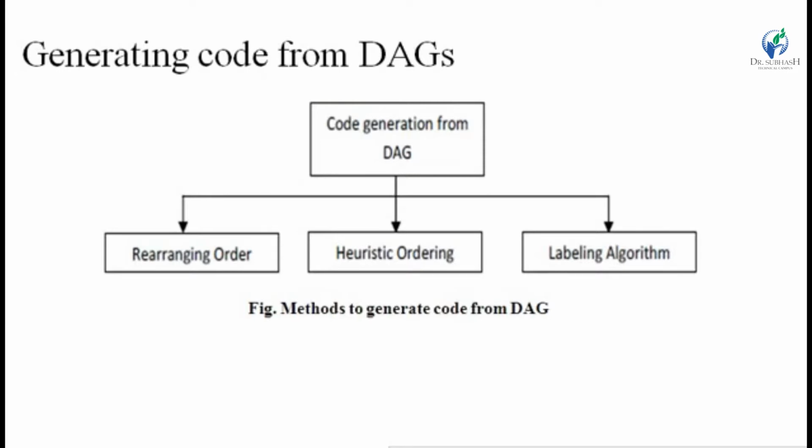So move A comma R0, add B comma R0, move C comma R1, add D comma R1, move R0 comma T1 and move E comma R0, subtract R1 comma R0, move T1 comma R1, sub R0 comma R1 and move R1 comma T4.